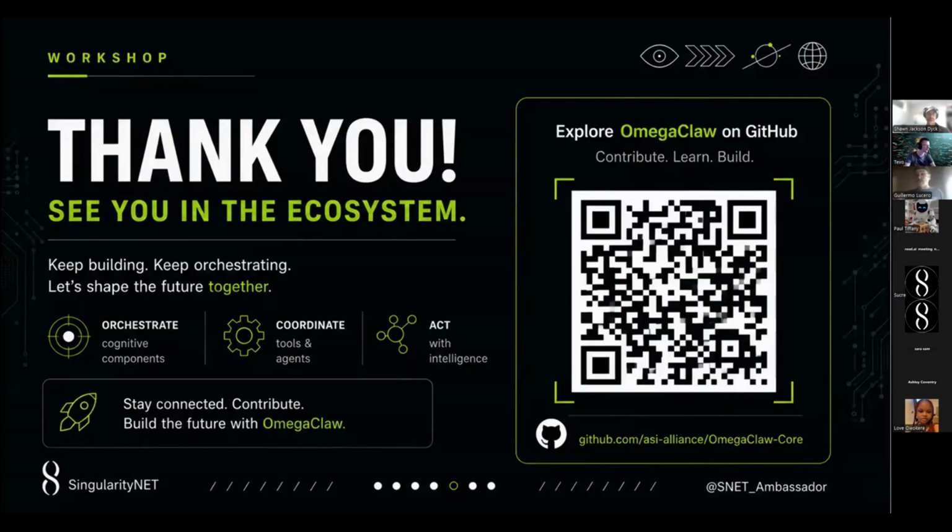All the links are on the feed, on our socials. Scan the QR code, fork the thing, build on top of it. Security matters. And yeah, thank you all for being here. Looking forward to the next one. We're going to be sharing the next schedule on our socials and also on the Ambassadors Program calendar. Probably in 2 weeks, we're going to be back with some improvements.